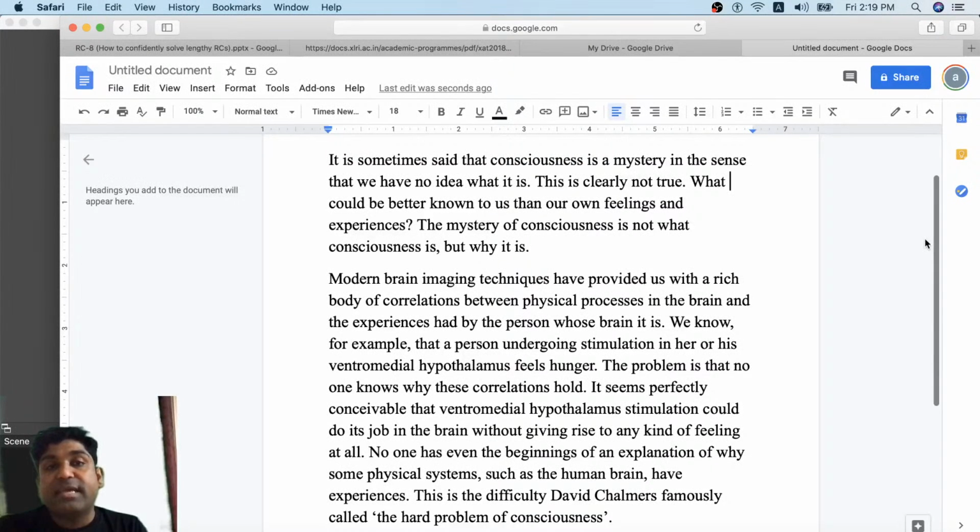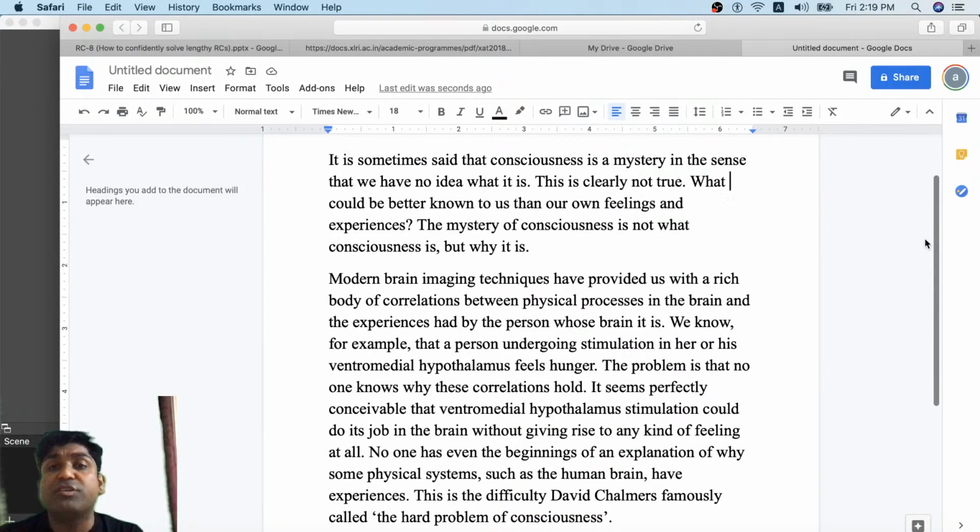It's sometimes said that consciousness is a mystery in the sense that we have no idea what it is. But this is clearly not true. What could be better known to us than our own feelings and experiences?